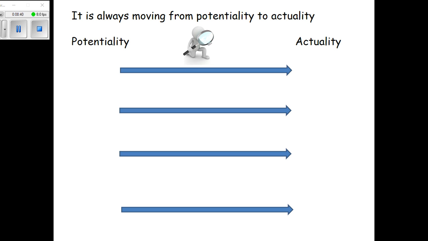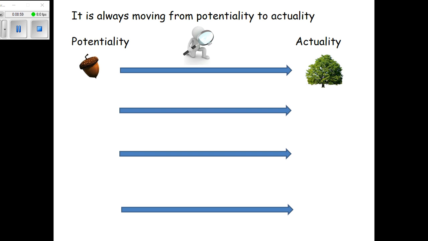So this might seem a bit confusing, but let's just go through this with a few examples. So potentiality into actuality, potential thing into actual thing. Right, so an acorn, you can think about this, is a potential oak tree.